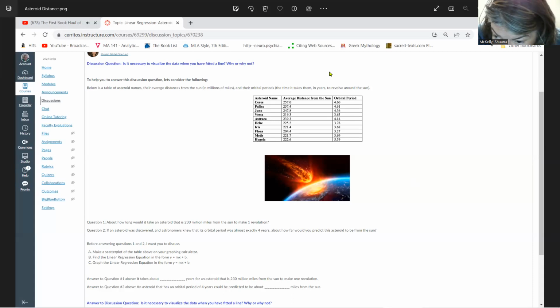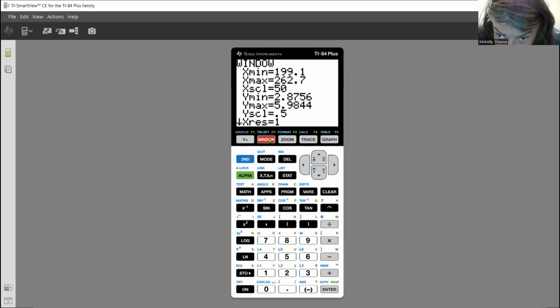Now, if you're going to make a scatter plot and you're going to copy it, I would suggest looking at your window. Your window goes from 199.1 to 262.7, scale of 50, with a minimum of, okay, they scaled it to about 2.8, maximum of 5.98, with a scale of 0.5 is what they used here.